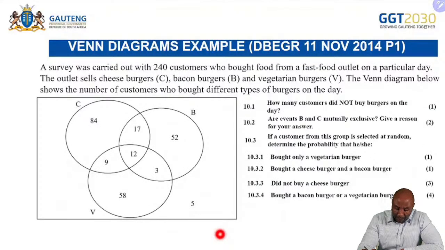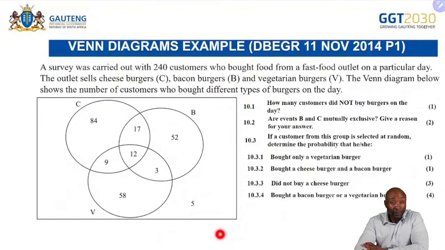Now, we are going to look at the 3 events that we are having there, where we are having 240 customers buying burgers at an outlet on a particular day. So we are going to use the Venn diagram to help us answer the questions.